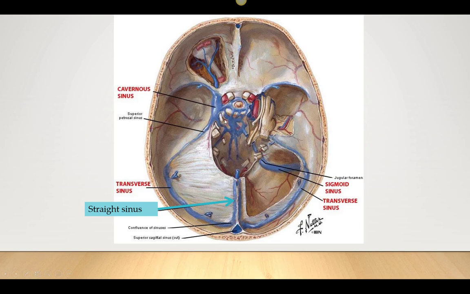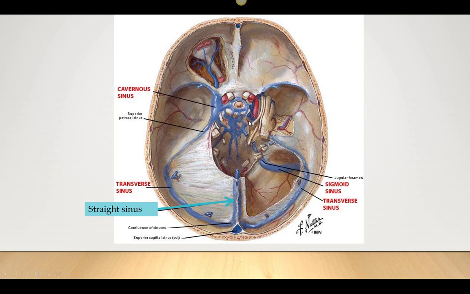All of these bring the venous blood from around this area, and that's important because the pituitary gland is an important part of the endocrine system of the body, and any infection around here can spread around that specific area that you see. You have the optic nerves and other important blood vessels and structures and parts of the brain, everything deep in the brain.